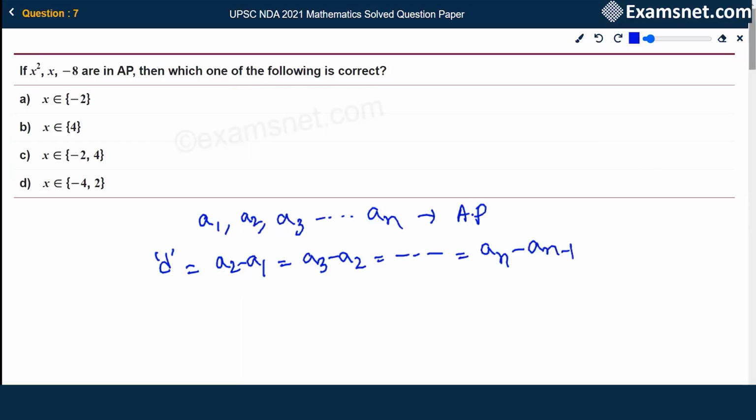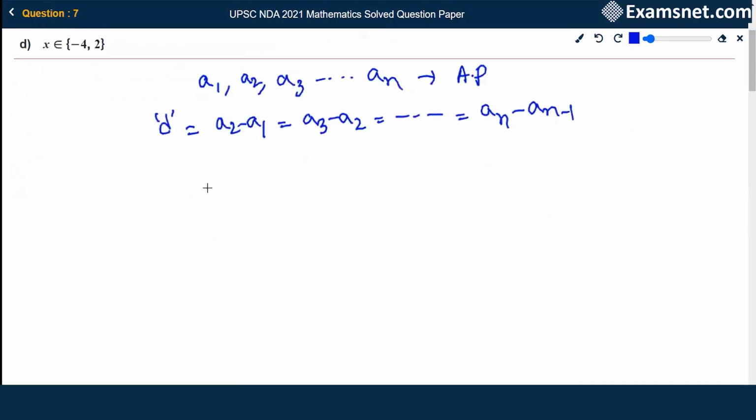Now since it's given that x square, x, minus 8 are in AP, that means the common difference between two consecutive terms is equal, meaning constant. So x minus x square equals minus 8 minus x.